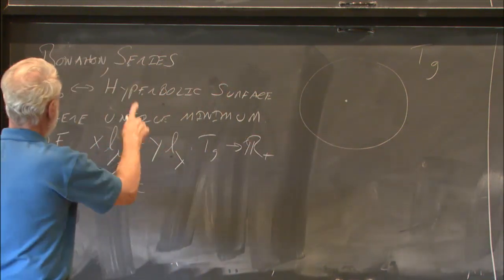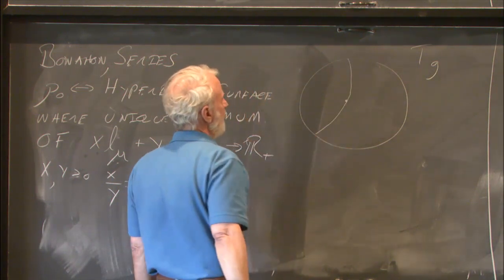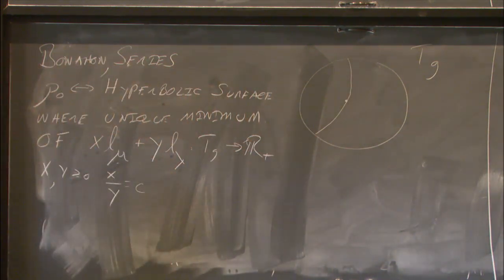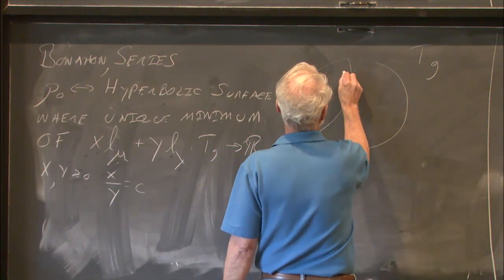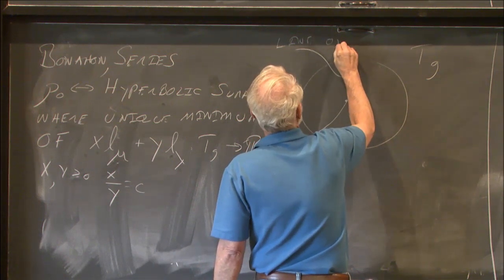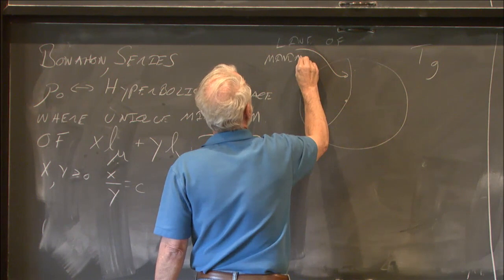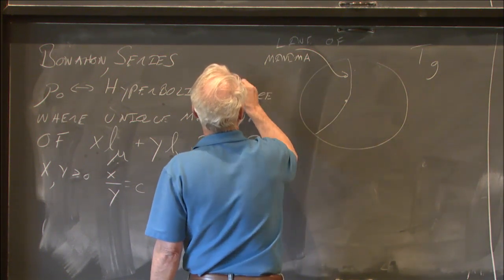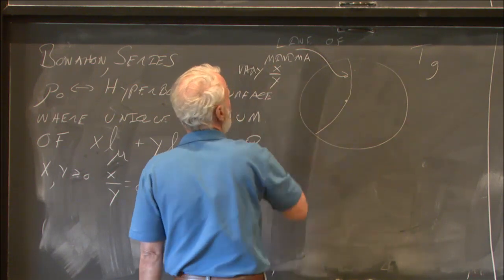And in particular, as I vary x and y, we actually get a kind of line that behaves vaguely like a geodesic in hyperbolic geometry. This is called a line of minima. So this is where I vary the ratio of x and y here.